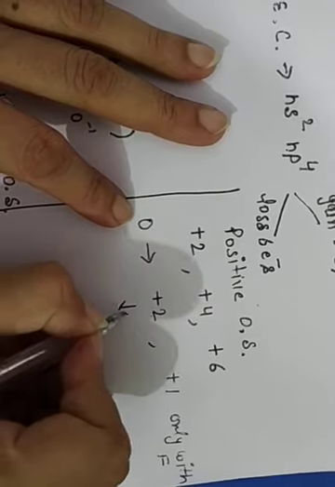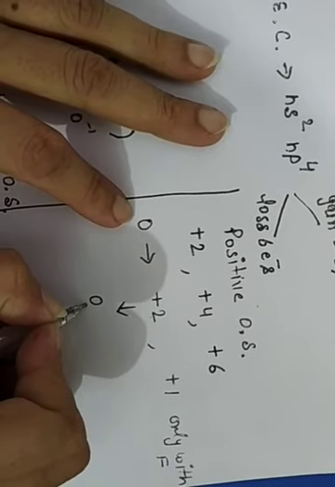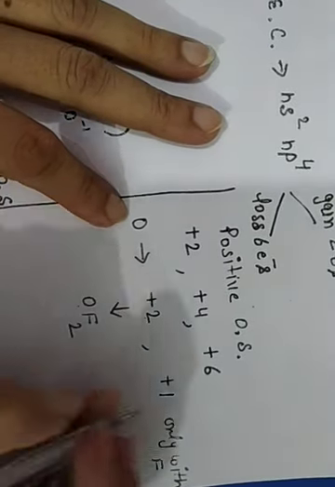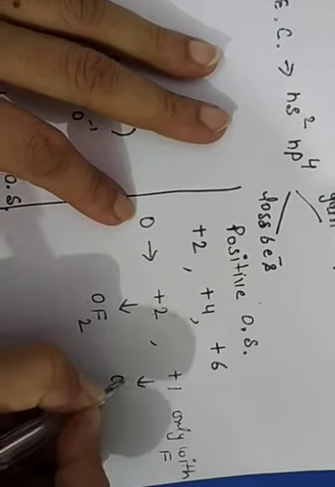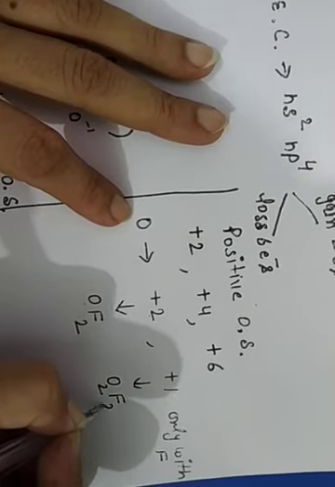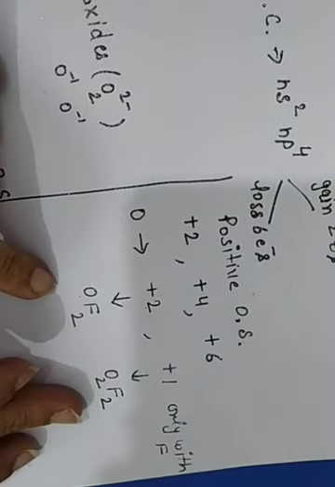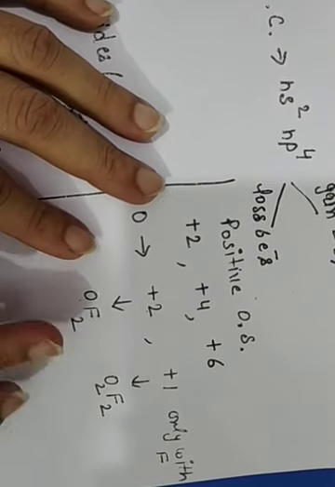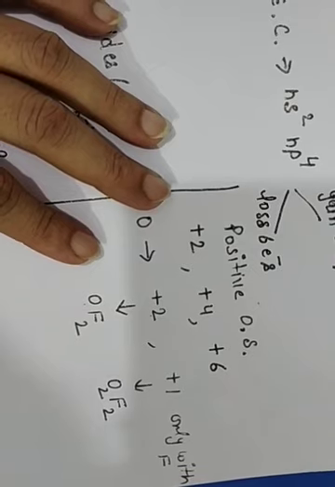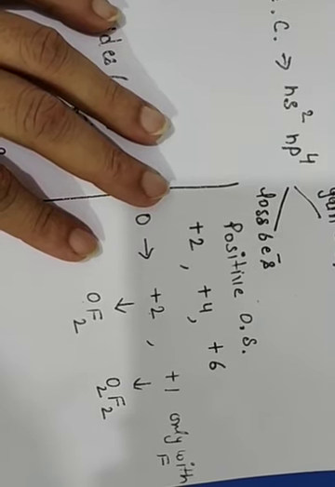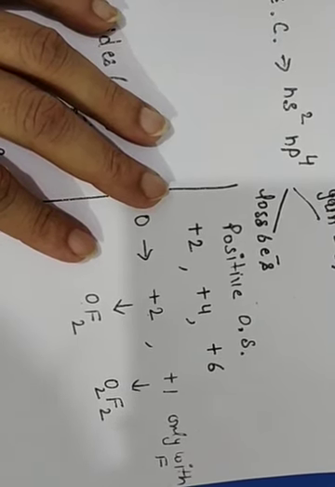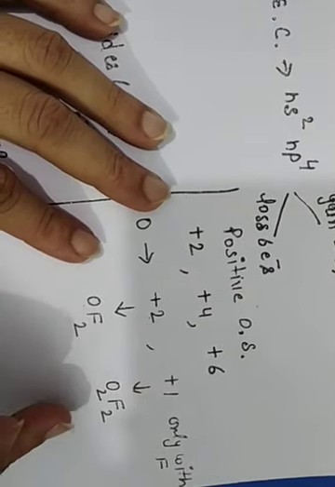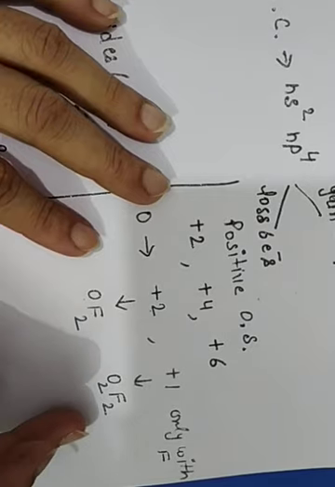This +2 oxidation state is in case of OF2, and this +1 is in case of O2F2. These are not called oxides, they are called fluorides, as fluorine is more electronegative than oxygen, isn't it? So it is called oxygen difluoride, and dioxygen difluoride.